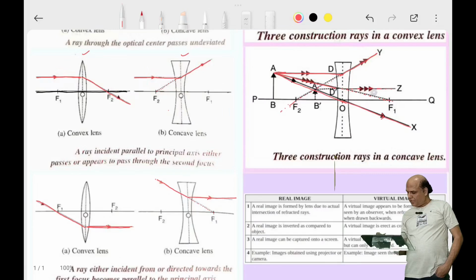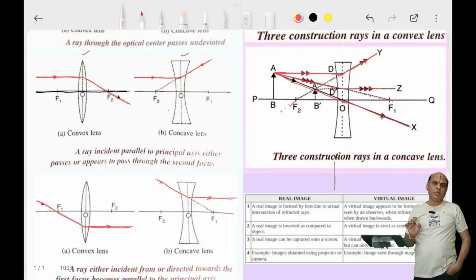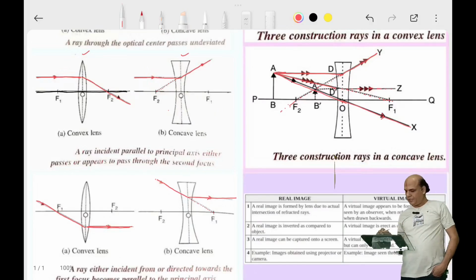Okay, so when this refracted ray D dash Z is drawn backwards, it will meet the two emergent rays drawn backwards and the incident ray AO at point A dash, which is the image point A dash. This A dash is the image point for source point A. Likewise, B dash is the image point of source point B.